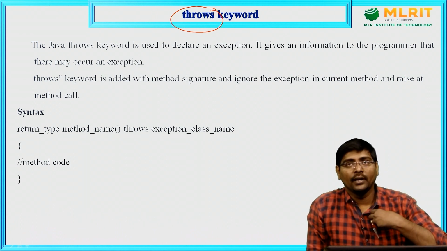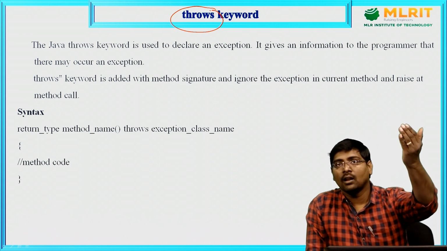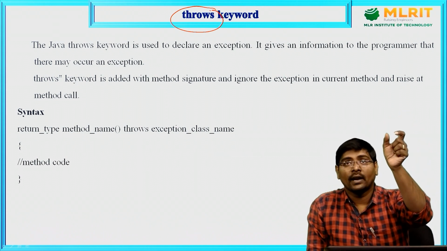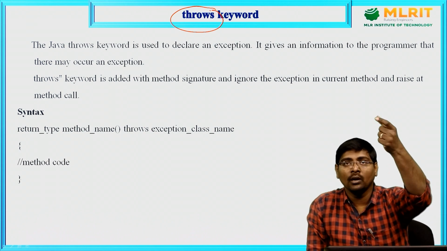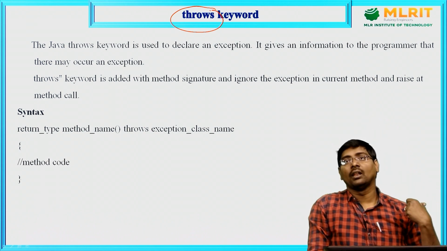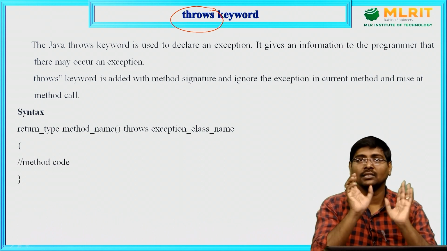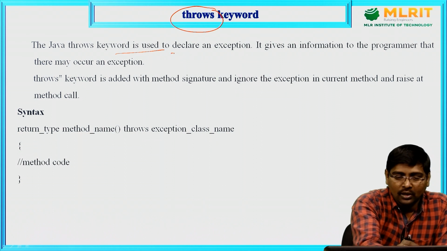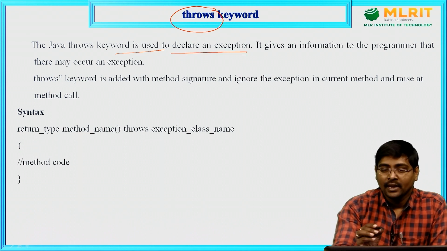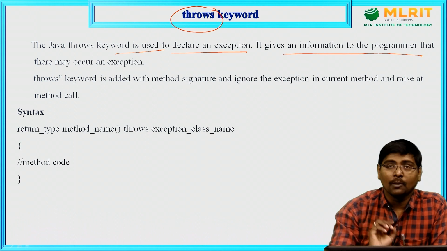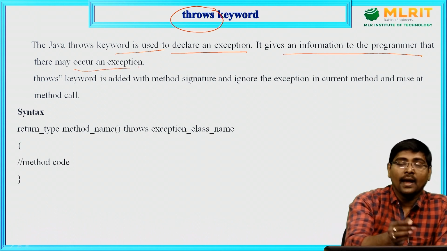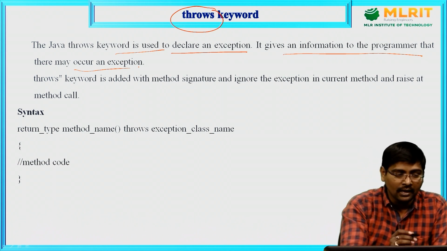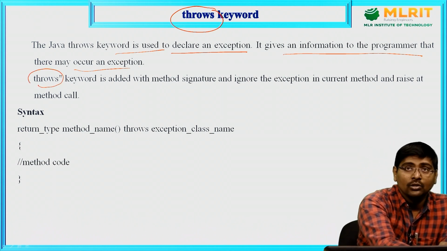The point is, whenever I call a method, that method throws an exception, and whatever exception is thrown is handled by the calling method only. That is the purpose of throws. Throws is used to declare an exception. It gives information to the programmer that an exception may occur in my program.